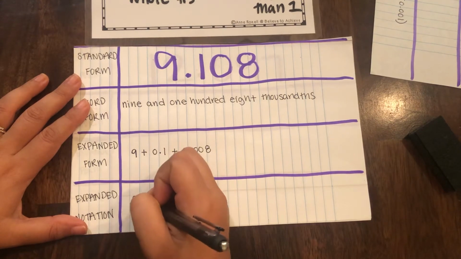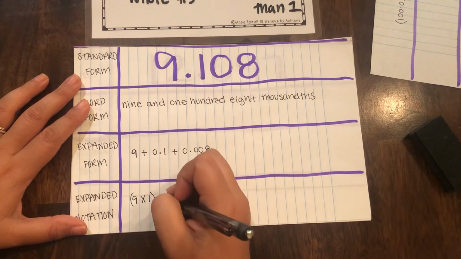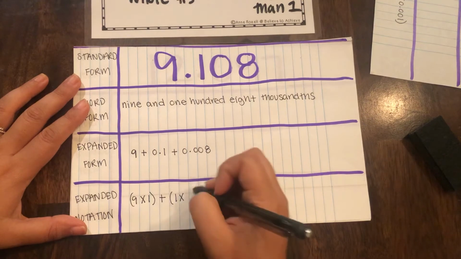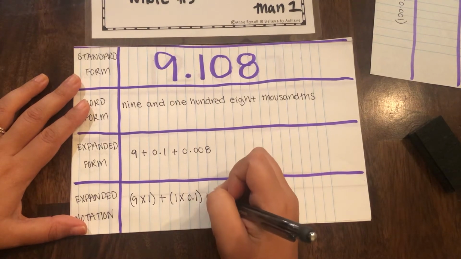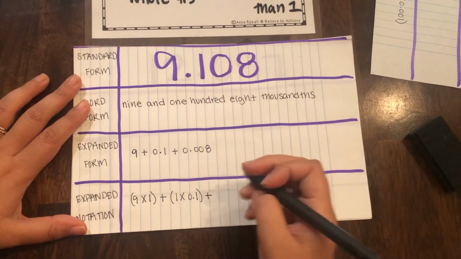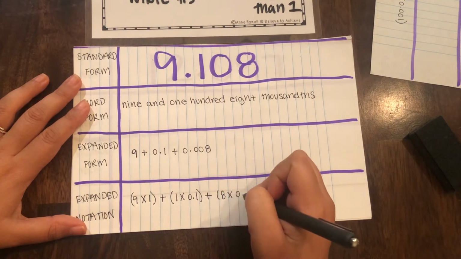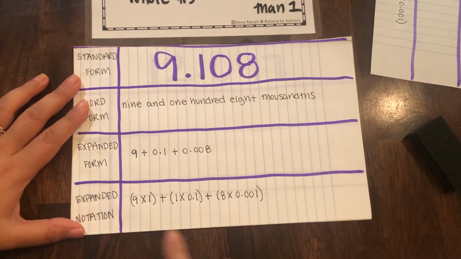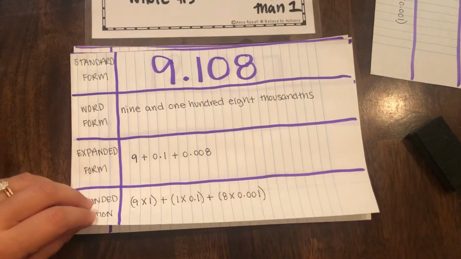So we're going to start with 9 times 1, because it's in the ones place, plus 1 times 0.1, plus, we don't have anything in the hundredths, so we're going to skip to 8 times 0.001. And this is our expanded notation.